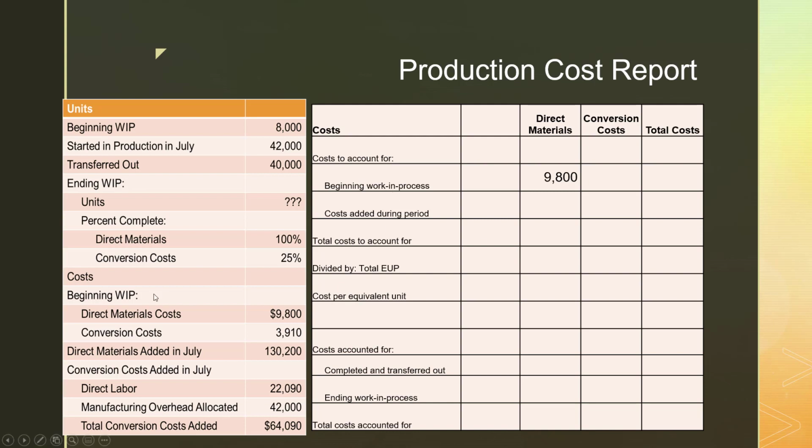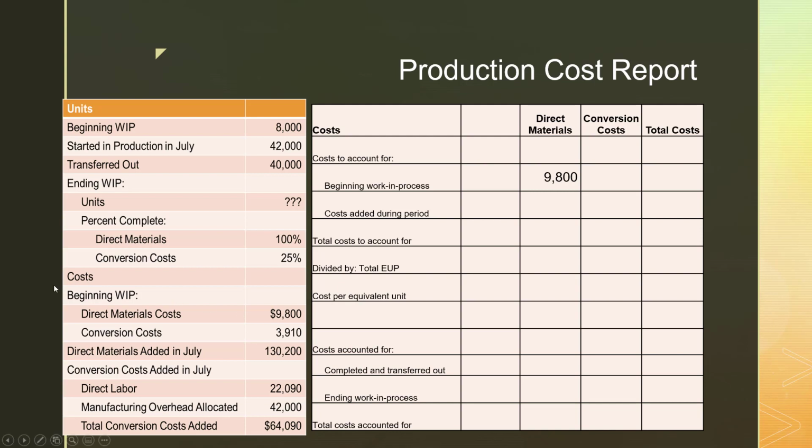Our information tells us that the units which we were working on when July began already had $9,800 worth of material costs committed to them. That was our ending WIP for the prior period, June, so it becomes our beginning WIP in July.